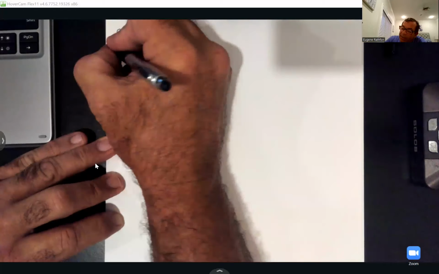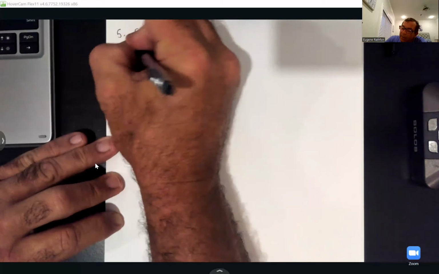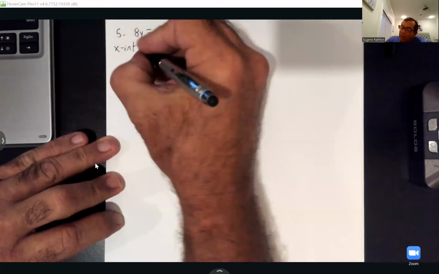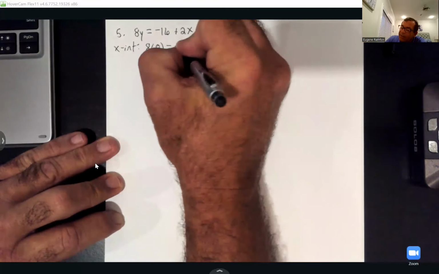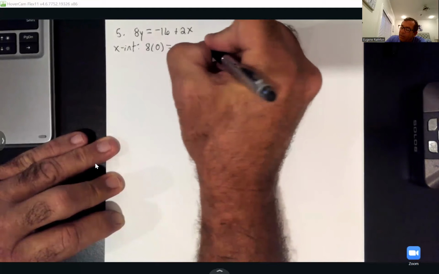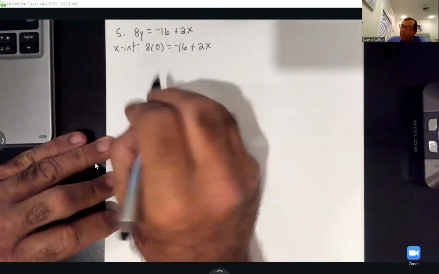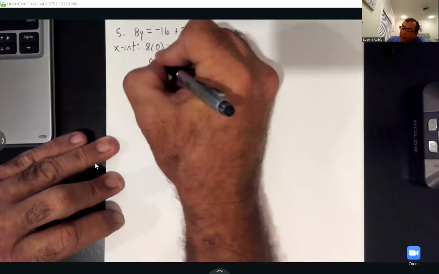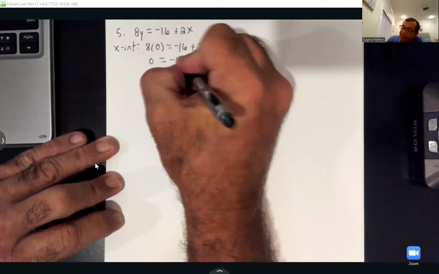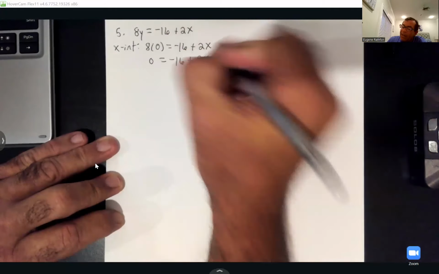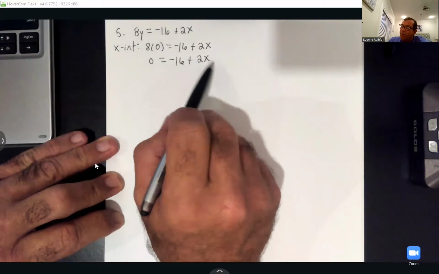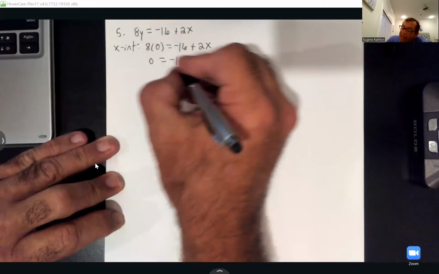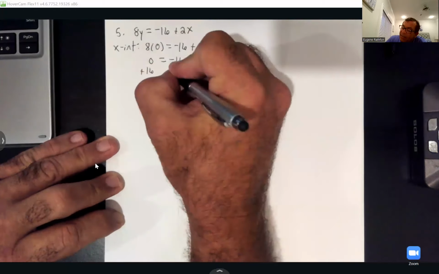All righty, so my x-intercept, I'm going to set y equal to 0. So I get 8 times 0 equals -16 plus 2x. All right, y'all, 8 times 0 is 0. So I get 0 equals -16 plus 2x. All right, the variable I'm solving for is over here with the number. So I'm going to move the number to the other side by adding 16.